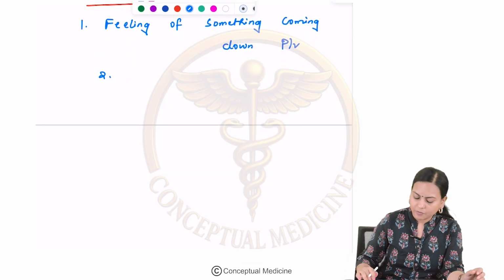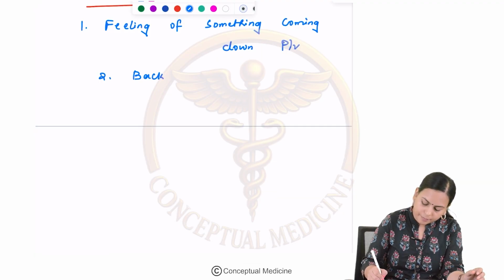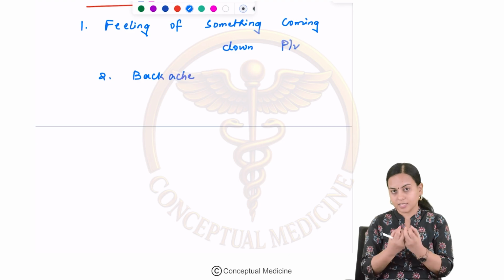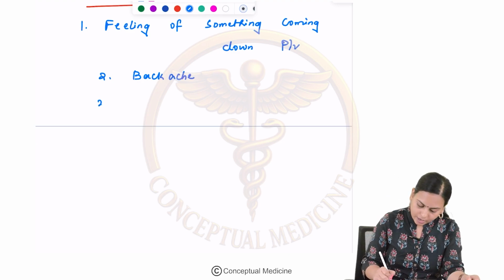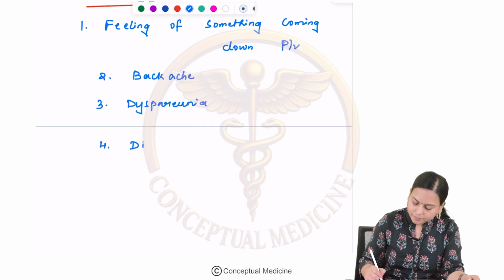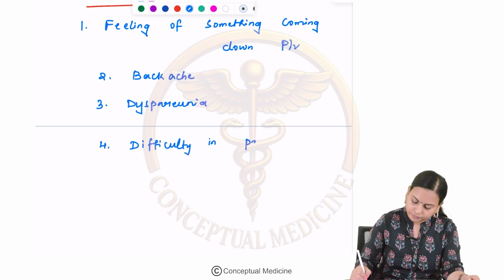Some women can also complain of backache because there is a stretching of ligaments as the uterus is descending down, and then some can even complain about dyspareunia, or there can be difficulty in passing urine.